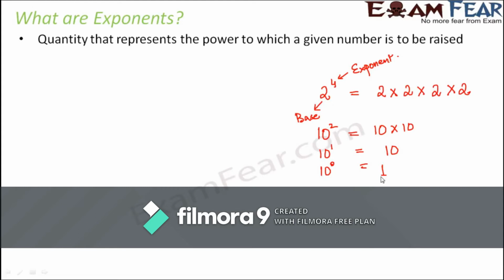So in this fashion, we can represent numbers, especially the bigger numbers and the smaller numbers, using powers of numbers. So let us look at this example. Let's say that you have 1,000 rupees, maybe in the form of some 10 rupees notes. There are different ways of representing it.